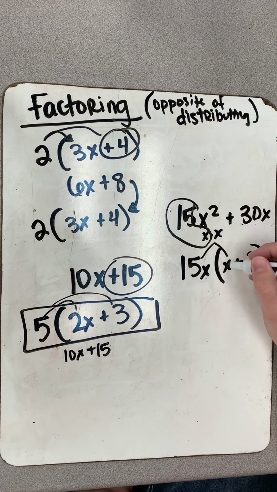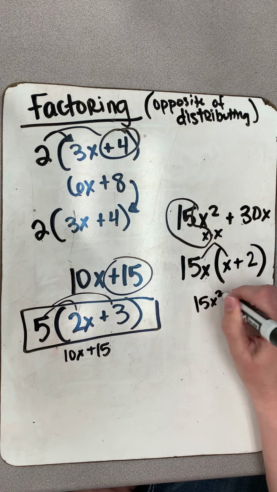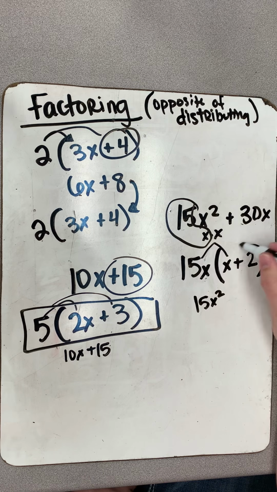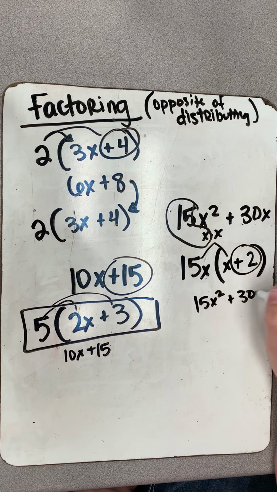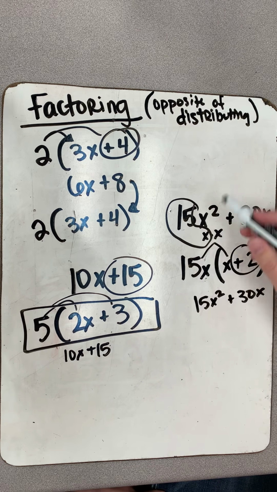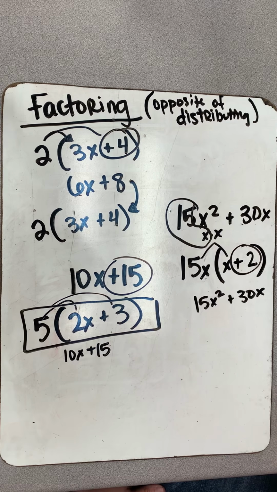So 15x times x is 15x squared, and then 15x times a positive 2 is a positive 30x. So I know I did it right because when I distribute it back through, I get what I originally started with. So factoring is undoing distributing, and it's a lot of fun. We're gonna have a fun time with these.